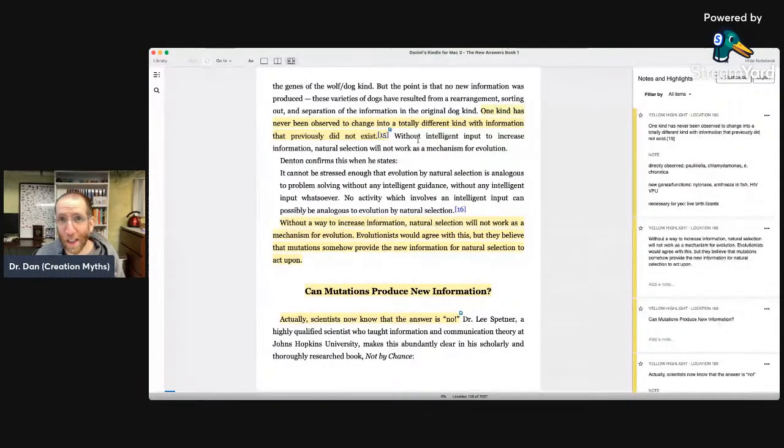Another example here is Chlamydomonas. These are the green algae that, for their entire evolutionary history, have been unicellular, and in the lab, we've evolved obligate multicellular versions of these green algae. So it's going from unicellular to multicellular. By any reasonable standard, that's macroevolution. That's a new kind.